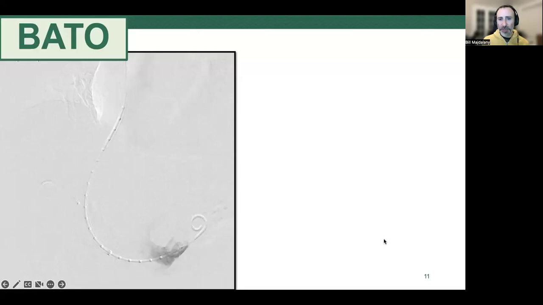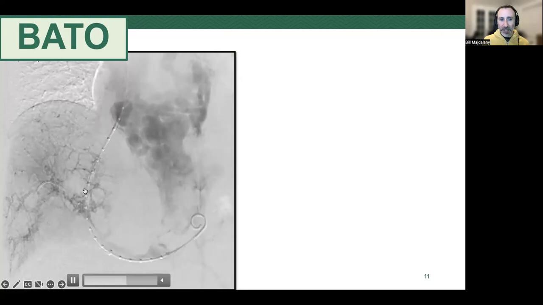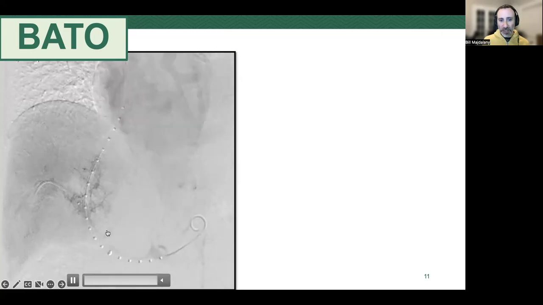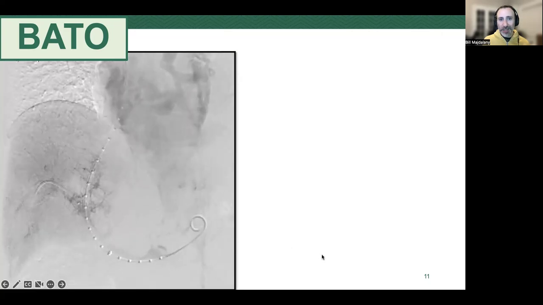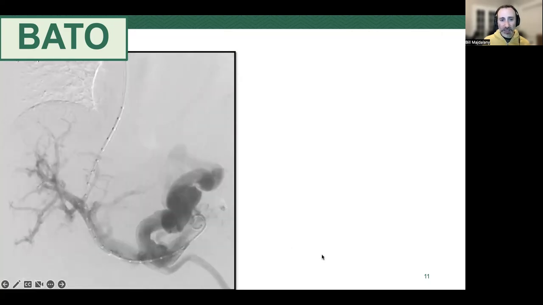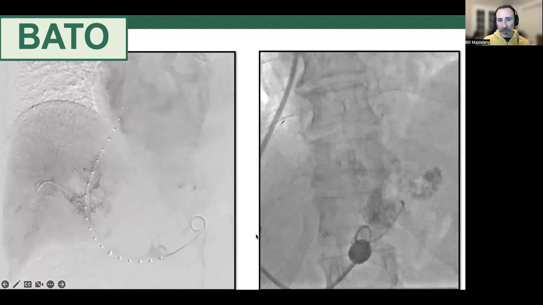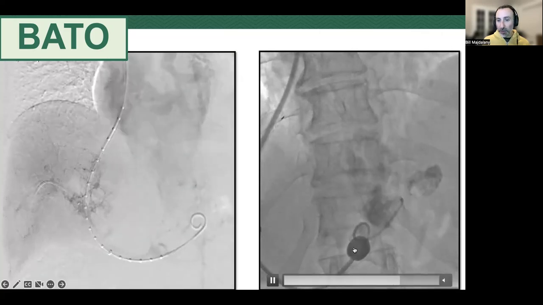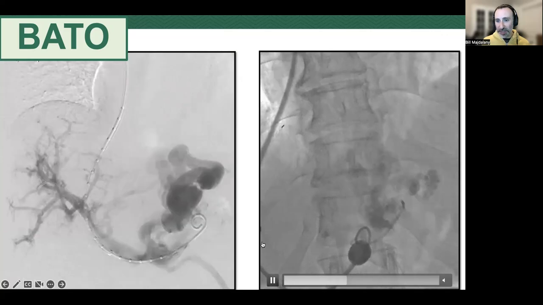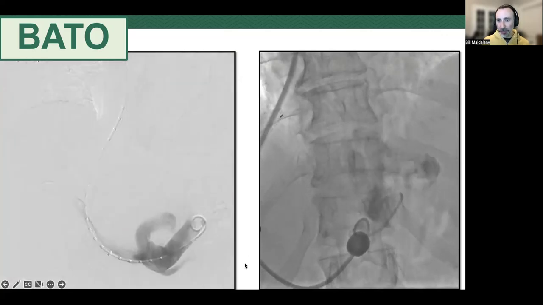And here's an example of a BATO. You see in this case that we've had a transjugular access into the portal system, and we're doing a portogram, and you see a tremendous complex network of varices here. So in an attempt to control the flow, we've inflated a balloon at the inflow, and in this case it was the left gastric vein, and we're starting to inject sclerosant as well as gelfoam here.